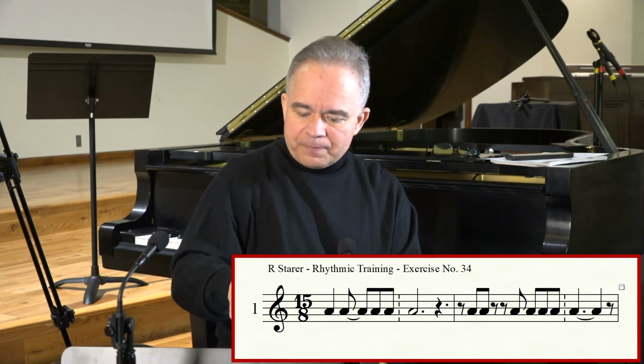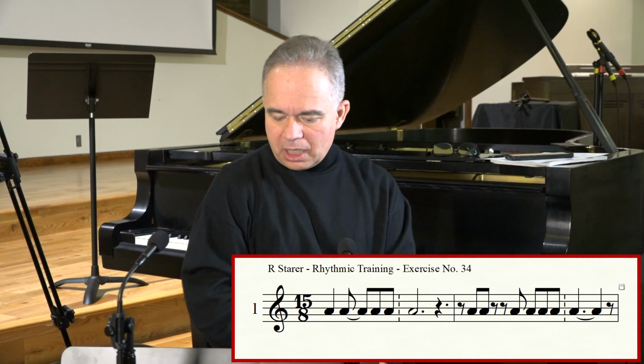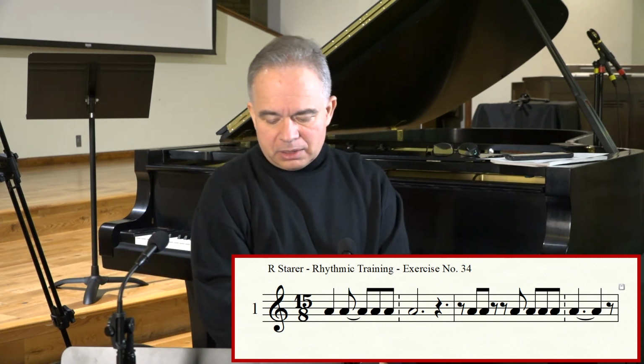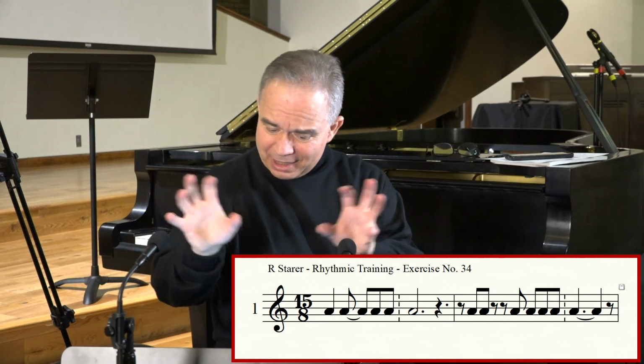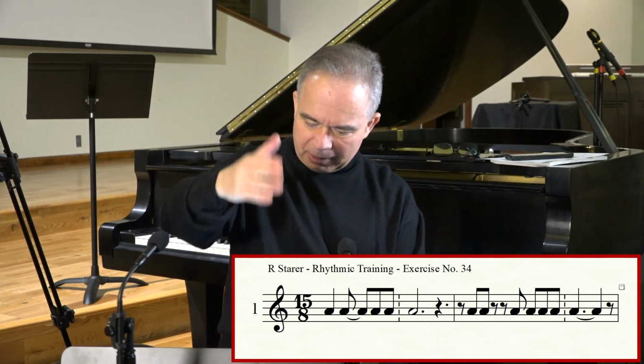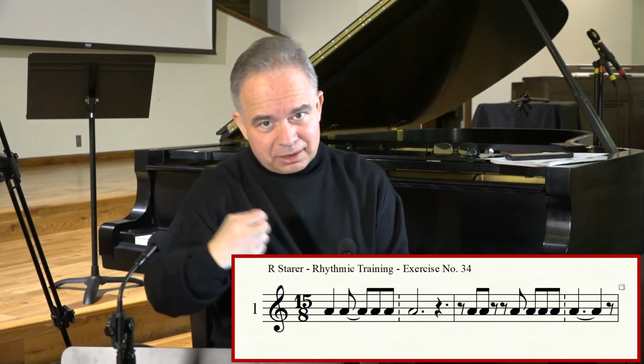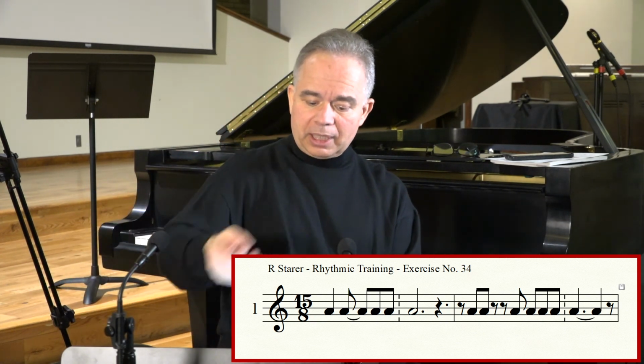And then you have 2 more beats in the dotted half note, and another beat on the dotted quarter rest. So that makes 3. So what tells me here is that the first part of the measure you conduct in 2, and the second part you conduct in 3. So basically we'll go like this.